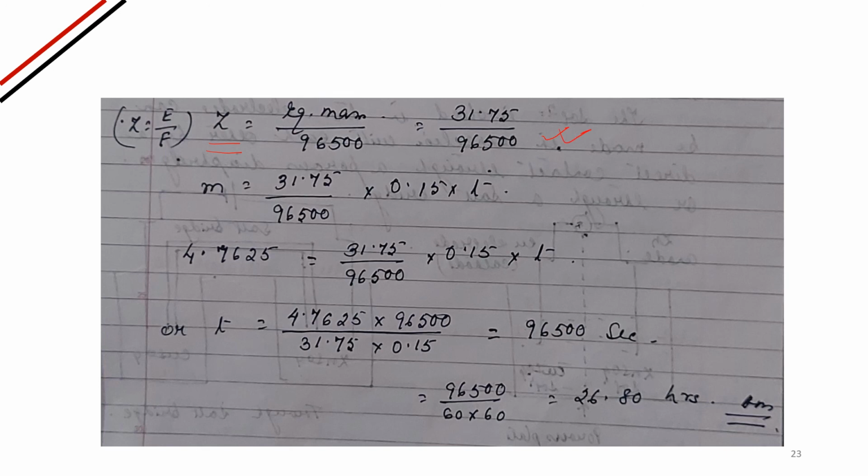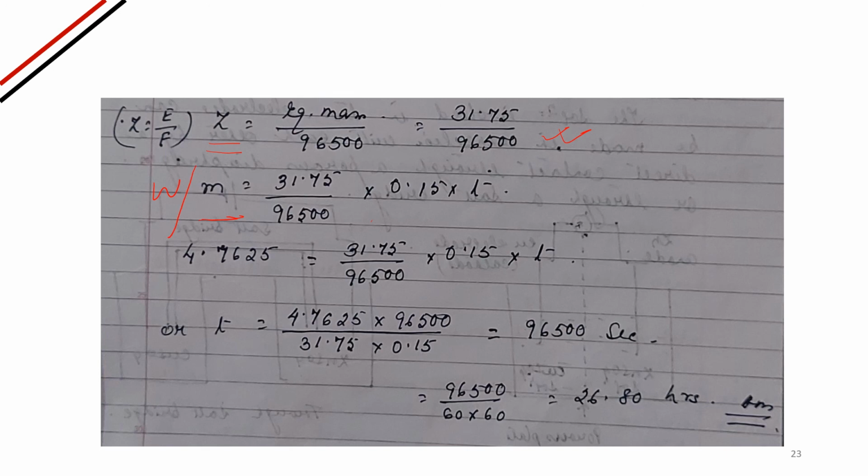Now M is equal to Z into I into T, that is 31.75 divided by 96500 into I into T. Here M is nothing but W.